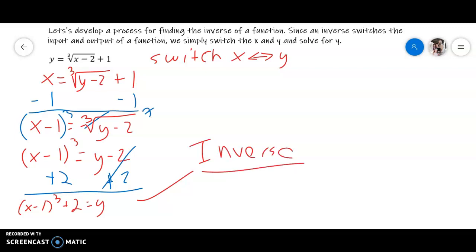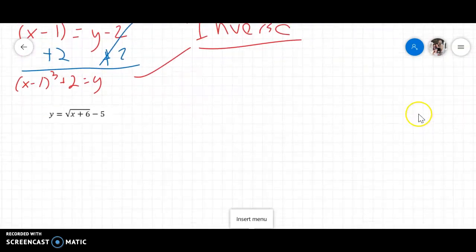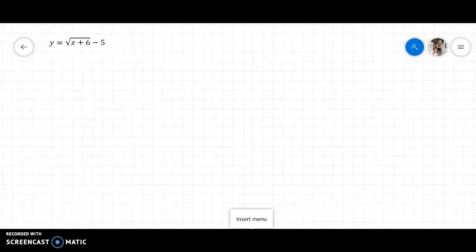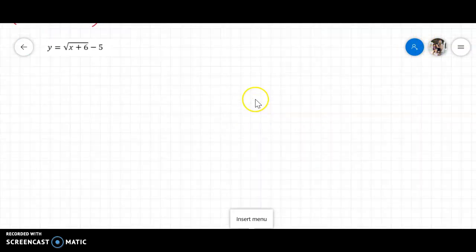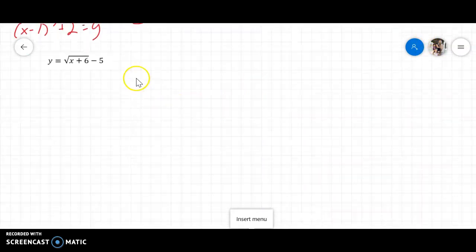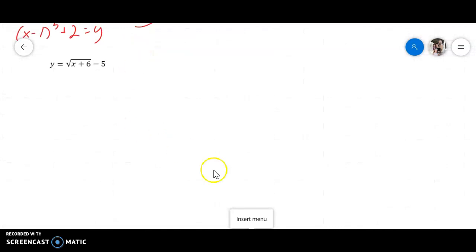Okay? Now, let's look at what we would do with the other one. This is a square root function here. So I have y is equal to the square root of (x plus 6) minus 5. Okay? We're going to do the same idea. It's going to be the same general tactic. Let's do my swap. I switch x and y out, right?